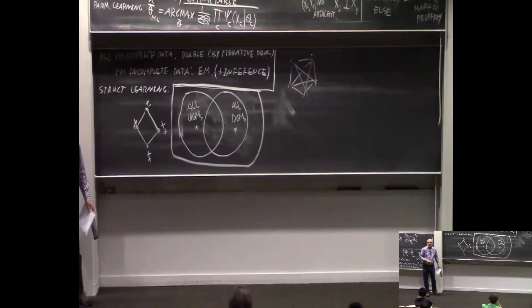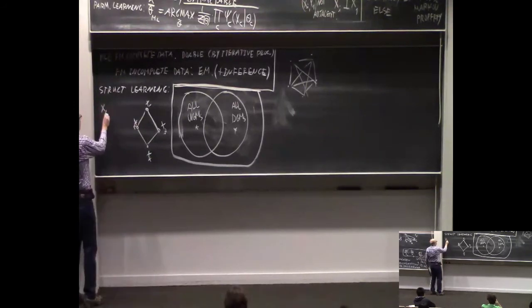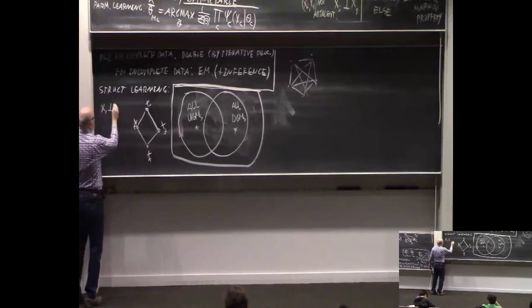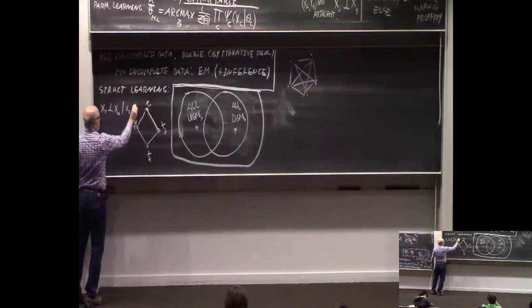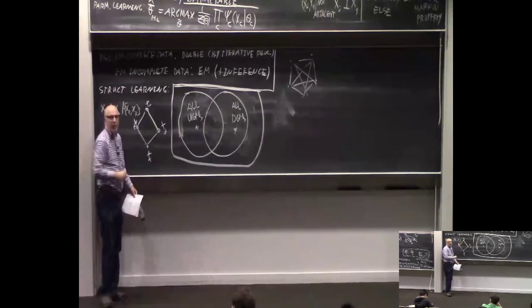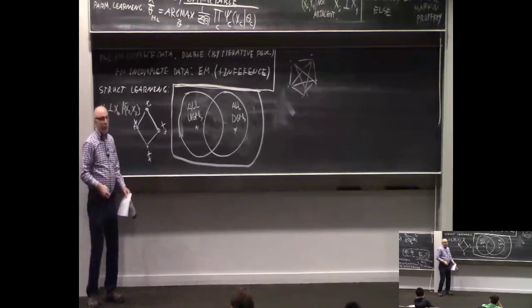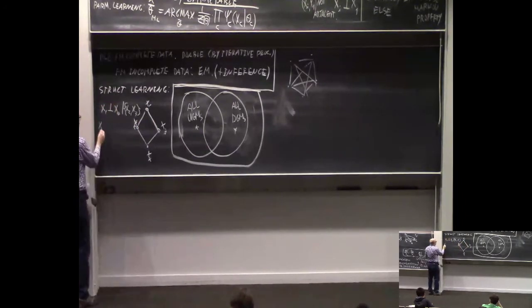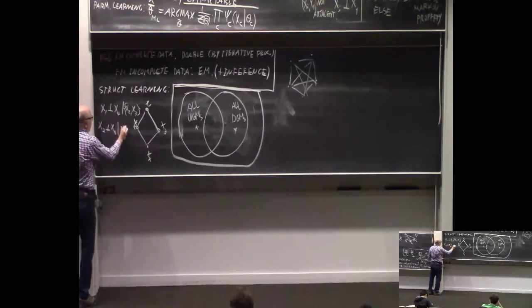The conditional independence assumptions here are very easy to write. x1 is independent of x4 given x2 and x3 together. This is the Markov blanket for x1. And also, x2 is independent of x3 when conditional on x1 and x4.